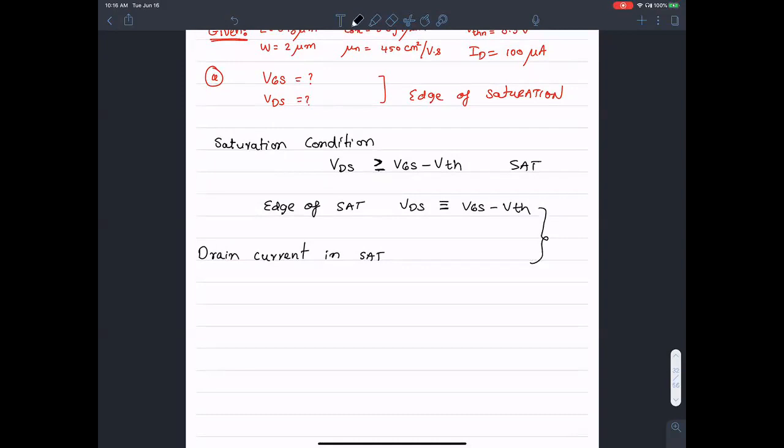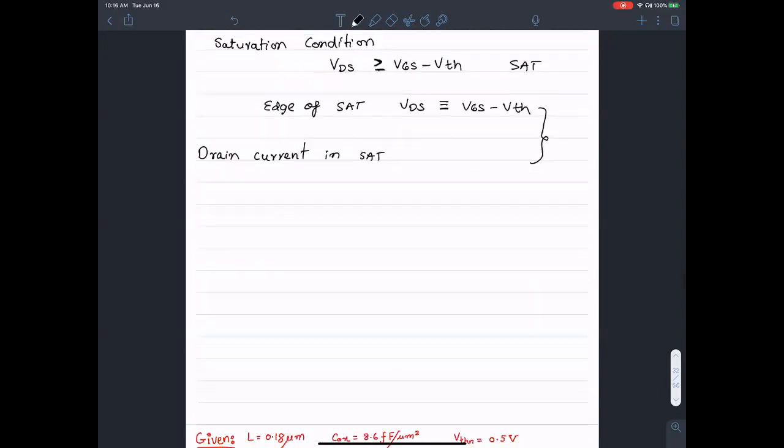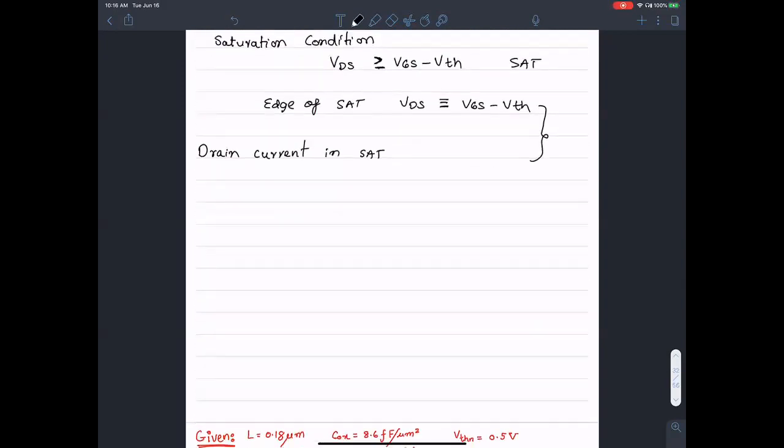So there are two equations for current in the drain. I'm going to use the equation for the drain current in saturation, which is 1/2 mu n C oxide W over L, VGS minus VTH, the whole squared.